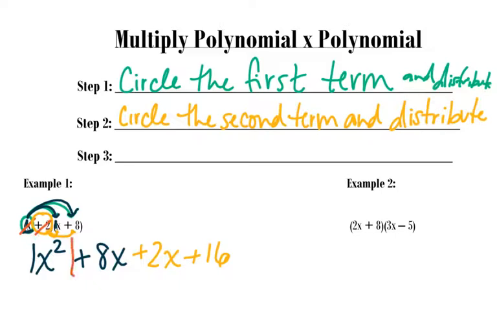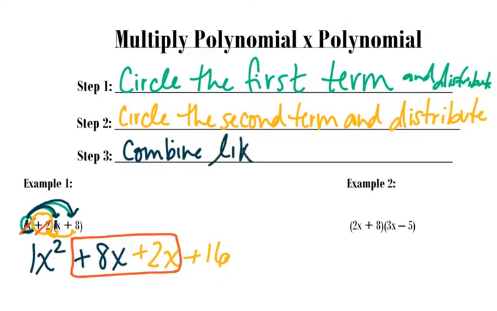Now, if you look at this question, we have something called like terms. 8x's and 2x's are friends. They're the same letter, so we can put them together. So my step 3 is called combine like terms. Combine like terms.